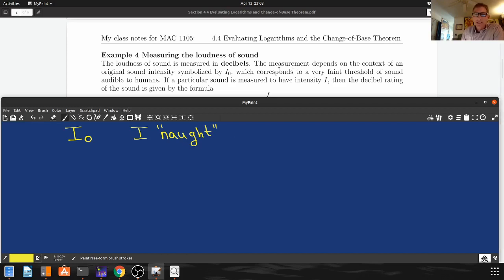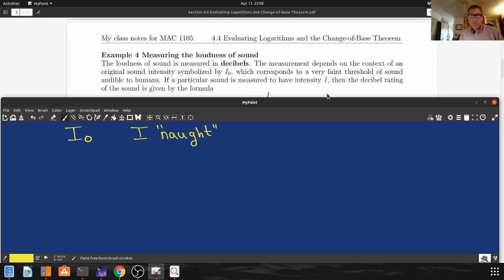So, at any rate, the measurement depends on the context of an original sound intensity, symbolized by I naught, which corresponds to a very faint threshold of sound audible to humans. So they want to find the smallest sound that humans can hear, and that actually varies according to your age, what sounds you can hear and what is audible.